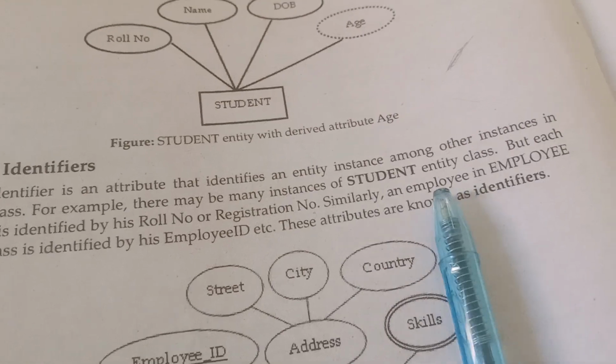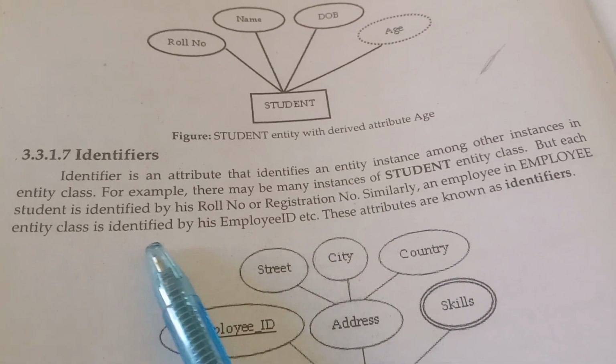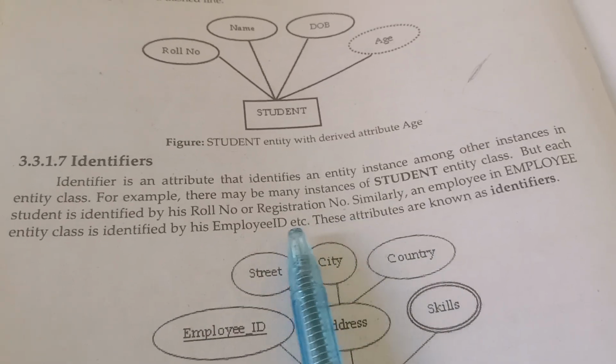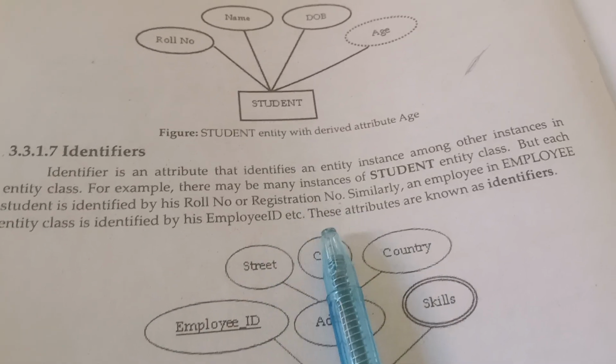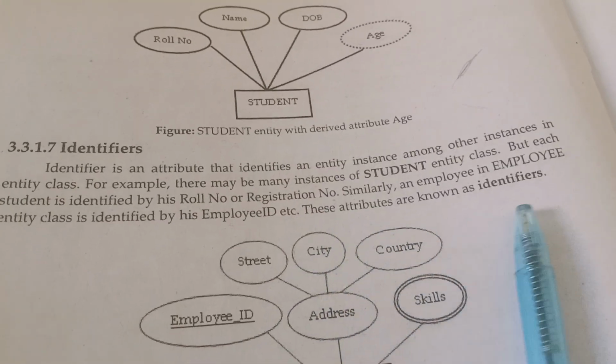Similarly, an employee in the employee entity class is identified by his employee ID, etc. These attributes are known as identifiers.